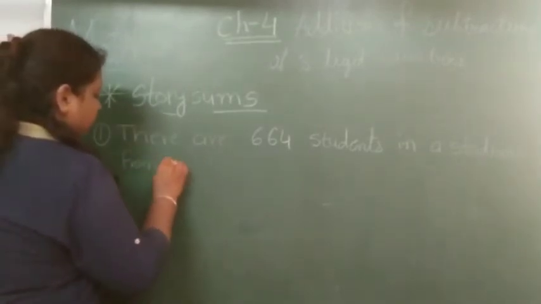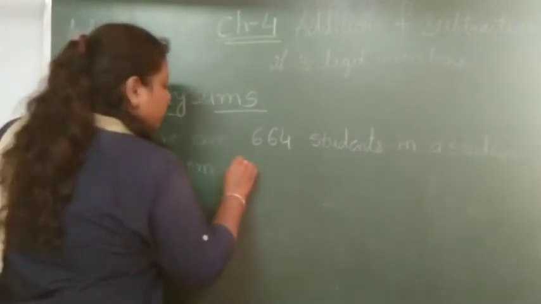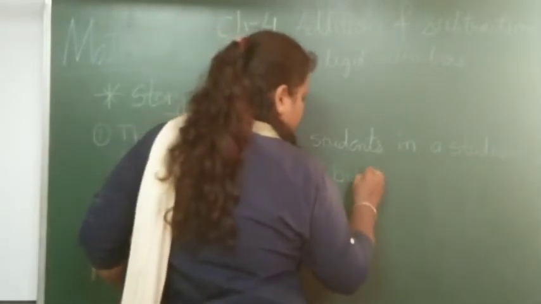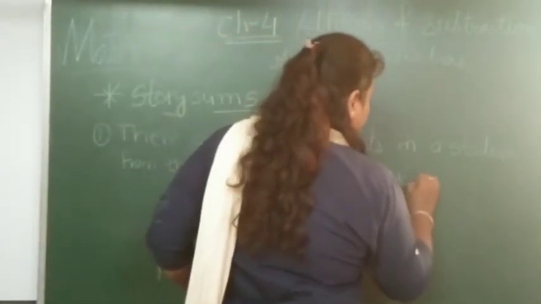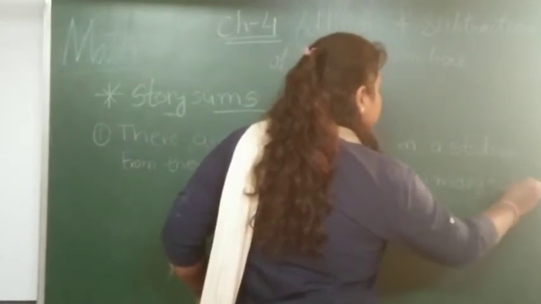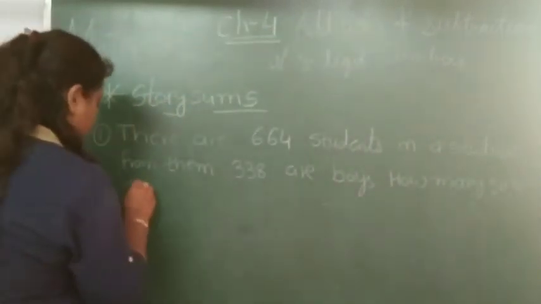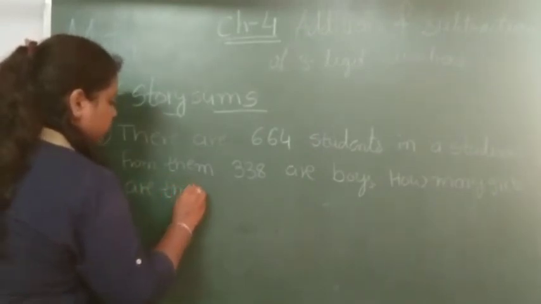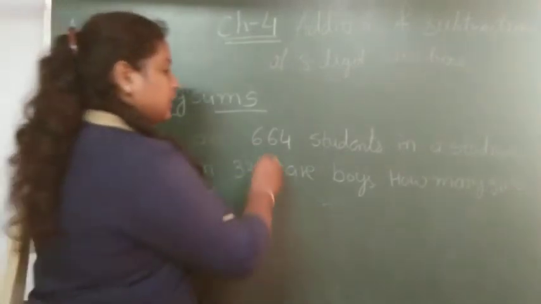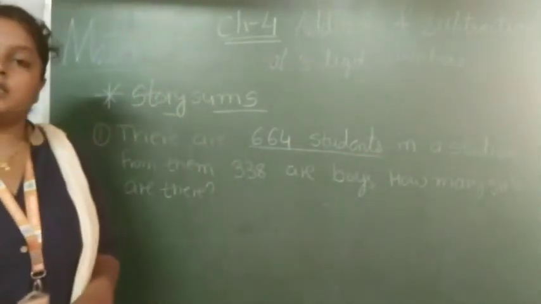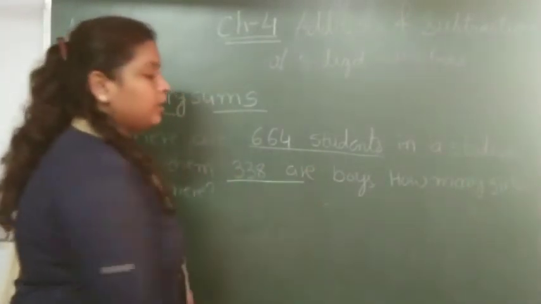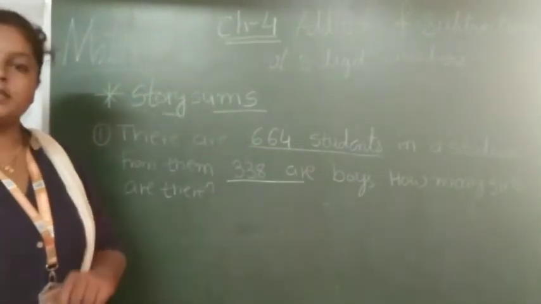From them, 338 are boys. So how many girls are there? So once again we will read the story. There are 664 students in a stadium. From them 338 are boys. How many girls are there?